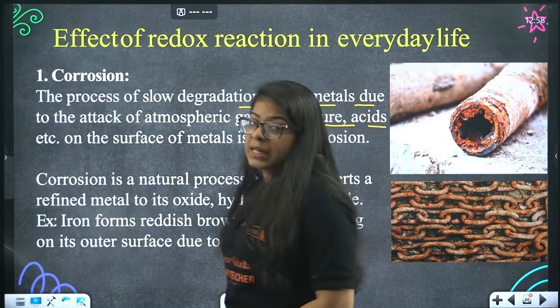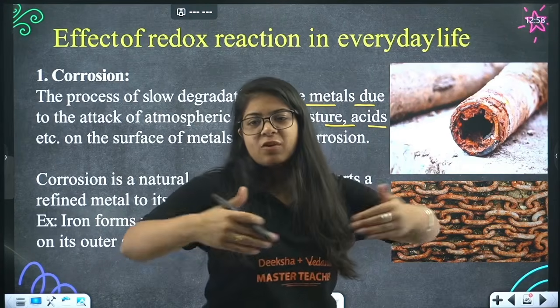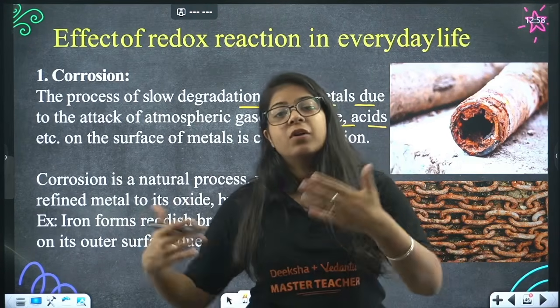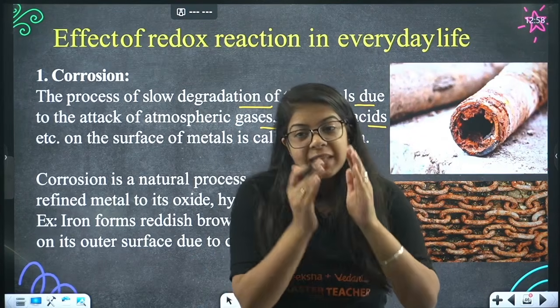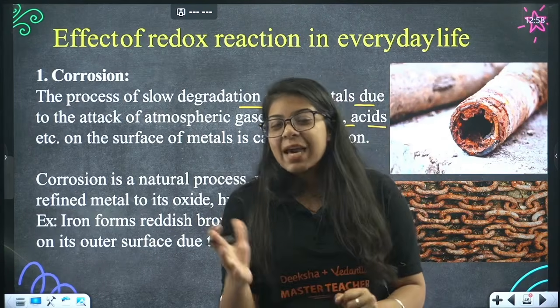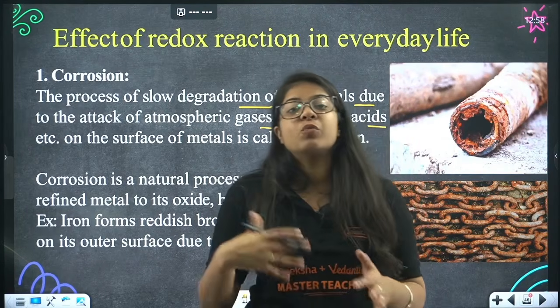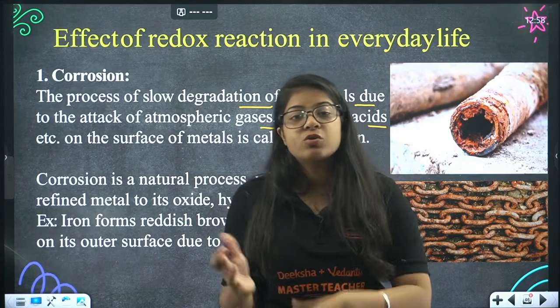So if you have seen, you might have some metallic doors in your house. Mainly the main gate of the house is made up of metal. So what is happening, beta? That metal is constantly in contact with the sunlight, so many gases, so much dust, with water when it rains, right? So many gases are out there: oxygen, hydrogen, nitrogen.